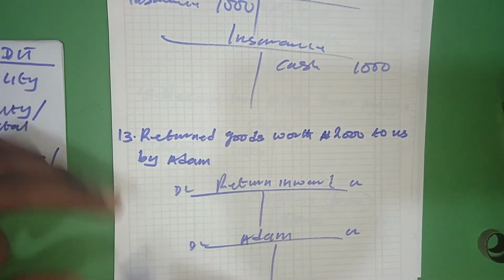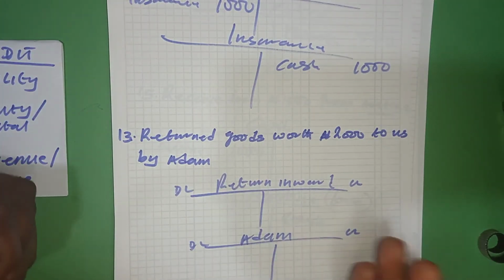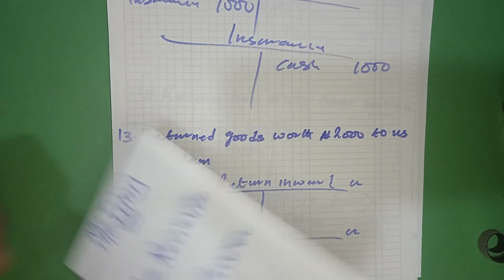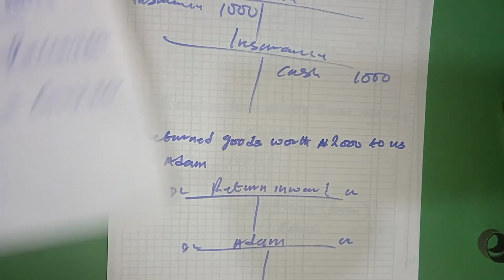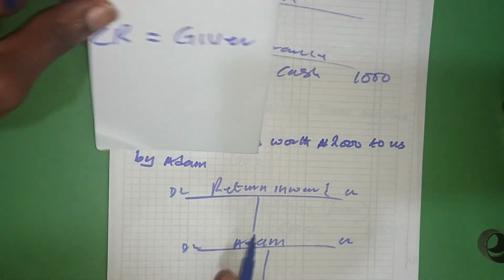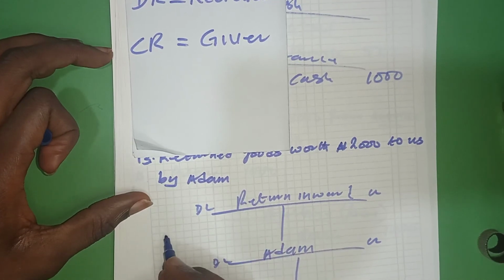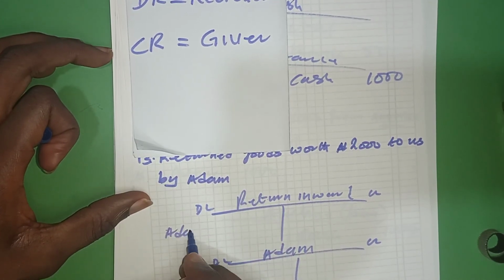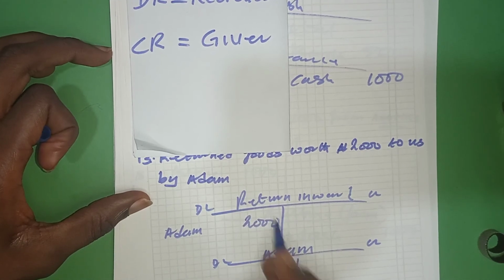This one says goods worth 2,000 naira were returned to us by Adams. The goods are coming in. We are the one receiving, and Adams is giving us. So we are going to debit Adams here by 2,000 naira.